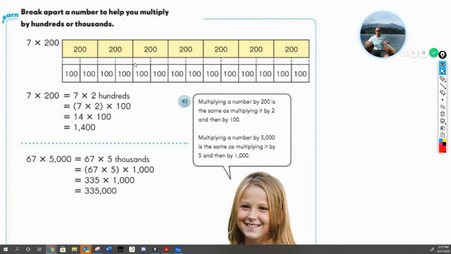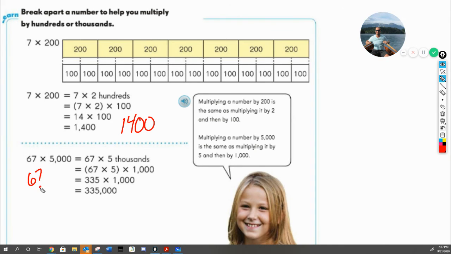It's the same idea that we had yesterday when we were multiplying by numbers in the tens. So instead of just doing 7 times 2, we're doing 7 times 200, or 7 times 2 times 100, or 7 times 2 is 14 times 100, or 7 times 2 is 14, and then add the 2 zeros to get 1,400. 67 times 5.